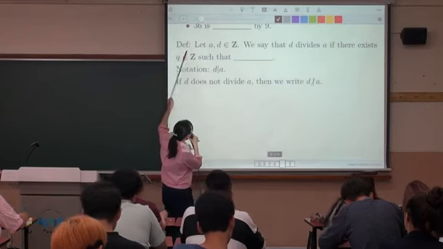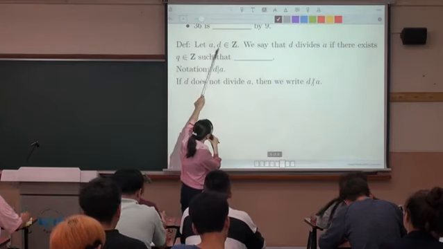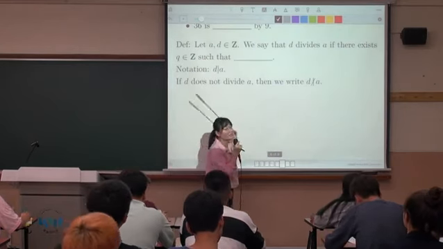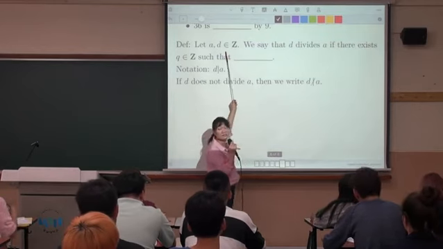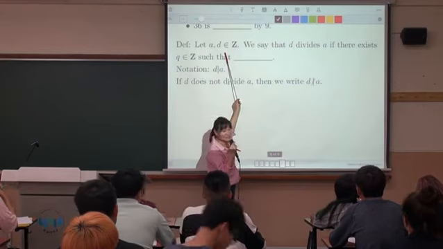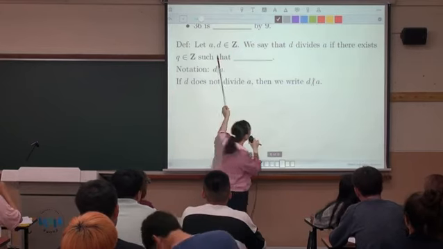시작! Definition, let A be in Z. What's Z? Integers. Can they be negative numbers? Yes. And 0, yes.